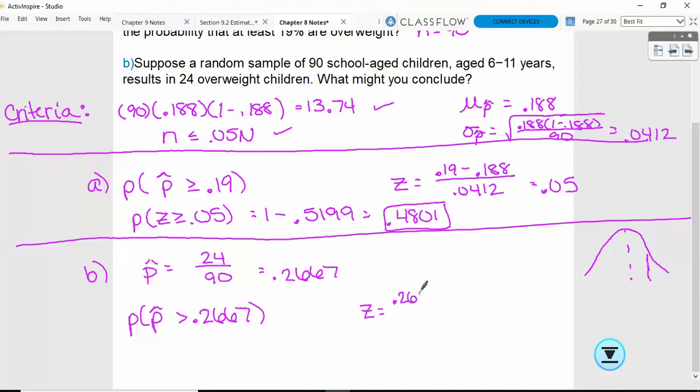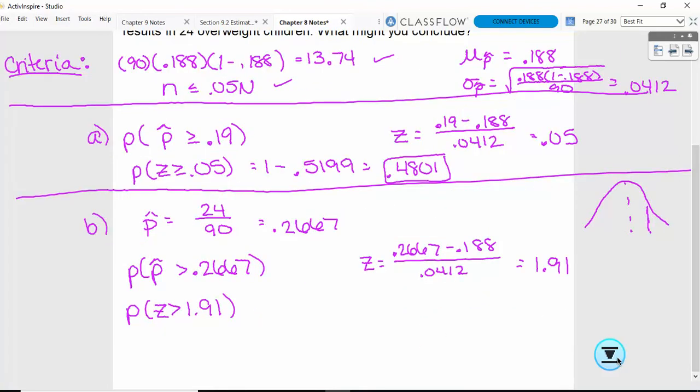So we have to get our z. So our value minus the mean divided by standard deviation. So I need a probability that my z is bigger than 1.91.